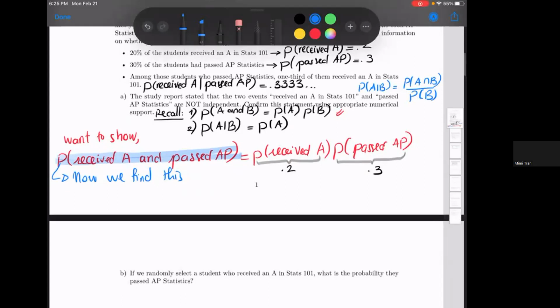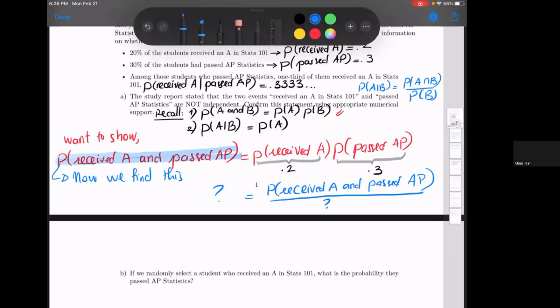You fill that in for me. So the numerator is going to be P of receive A and pass AP. So what's the denominator and what's here and what's here? What are the question marks? Conditional probability. I need to solve for this.